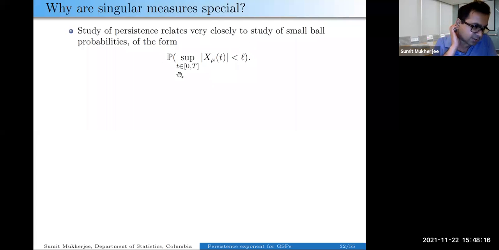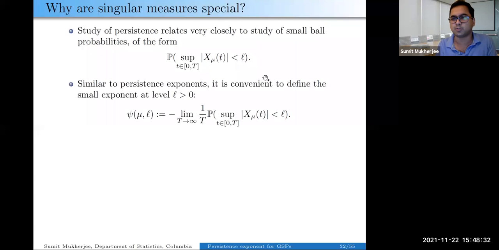Well, the classical literature on small ball usually studies this for L going to 0, with t fixed. Here we are considering t going to infinity first and then L going to 0. So it's slightly different, but still we use the term small ball to describe probabilities of events like this.